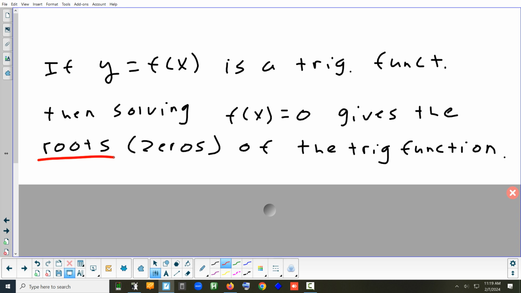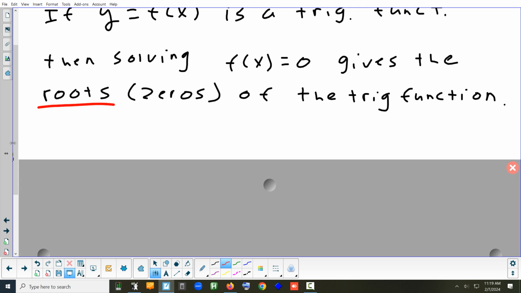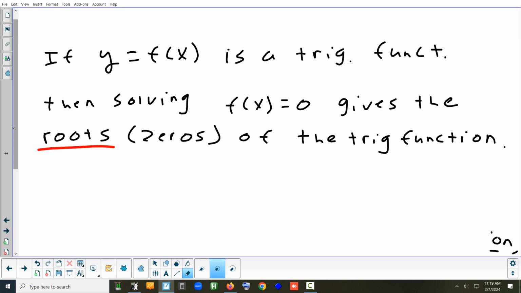If you see directions in a problem that say find the roots of the following equation, all that it means is set it equal to 0. Any question on that? Finding roots, finding zeros?